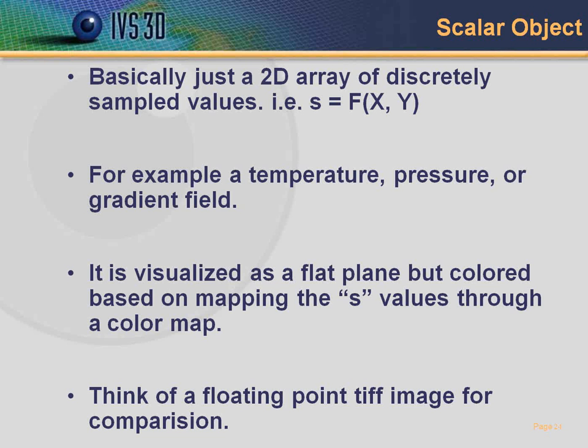And I often like to think of these as becoming more common. It's becoming more common to store scalar data as a floating point TIFF image, which instead of storing imagery data, just color data, you're actually storing a specific numeric number, like slope, temperature, pressure.